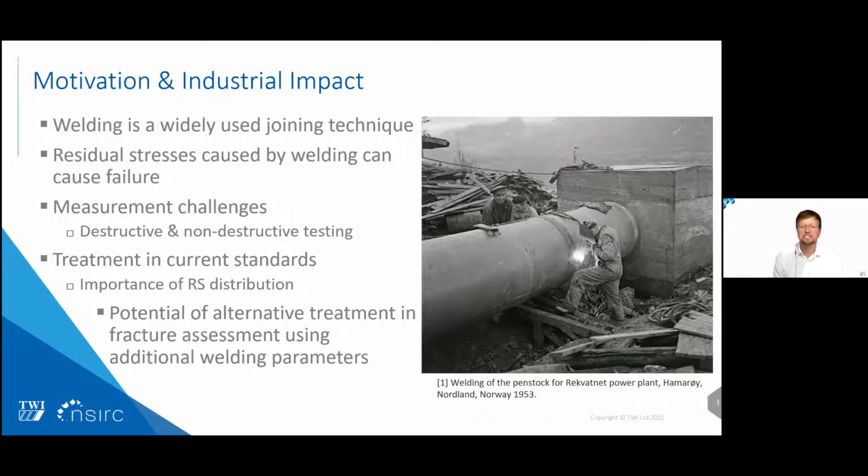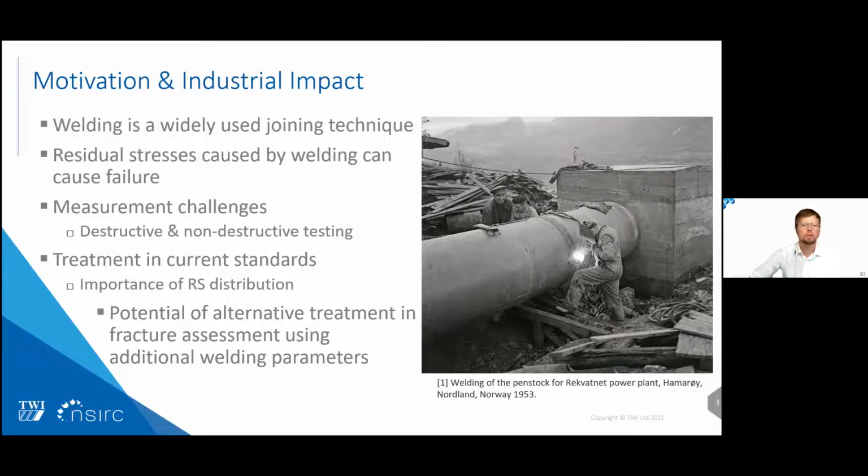One of the reasons for this is that they require, in some cases, the breaking of a specimen, which is quite costly and time consuming. Other non-destructive methods can only be performed in certain locations and are limited by geometry size as well. So in general, there's not a lot of residual stress data out there, and because of this, it's quite difficult to give accurate recommendations.